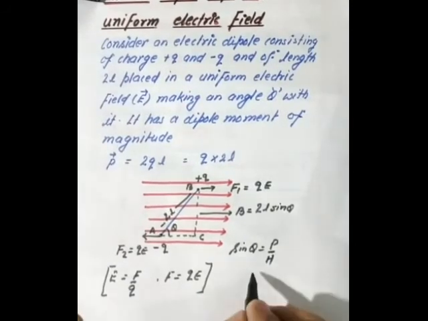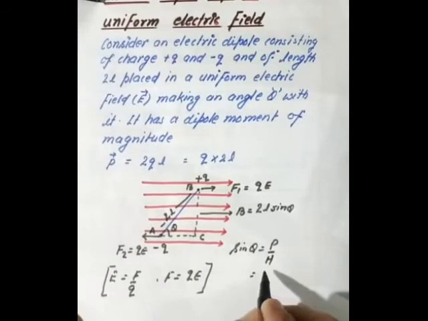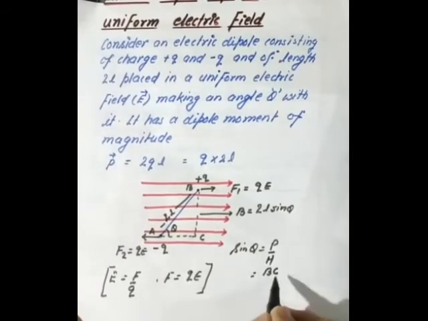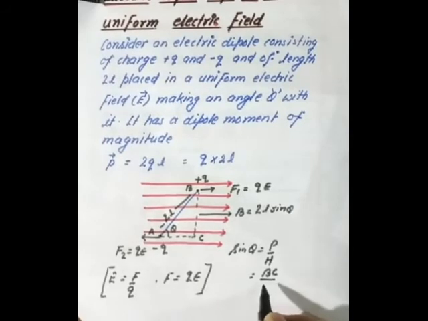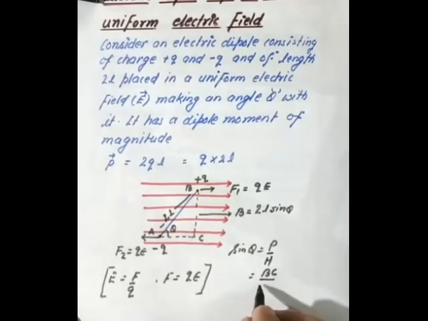Perpendicular is BC upon hypotenuse, which is BA or AB.